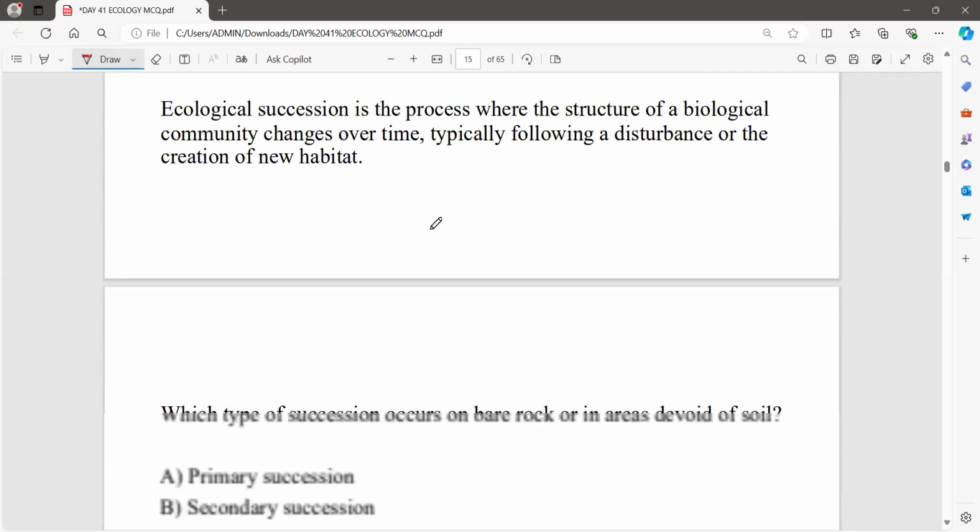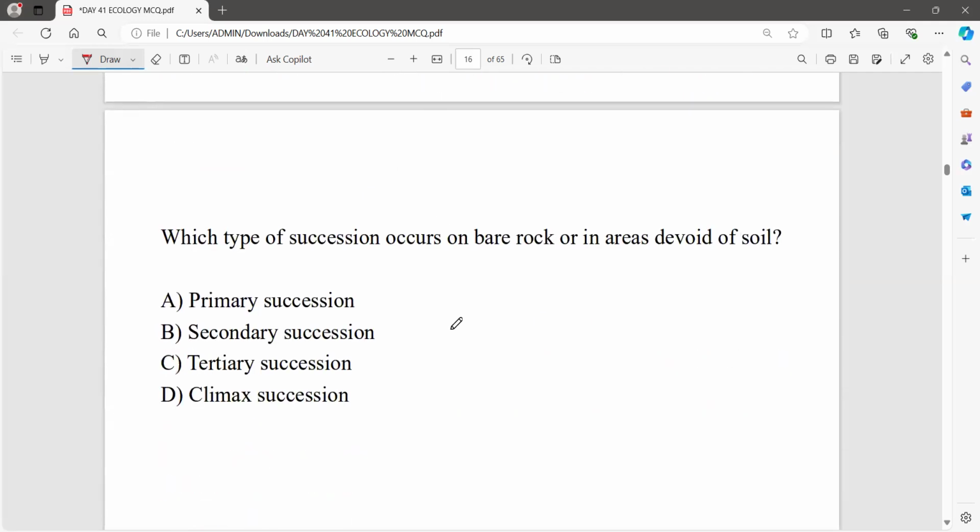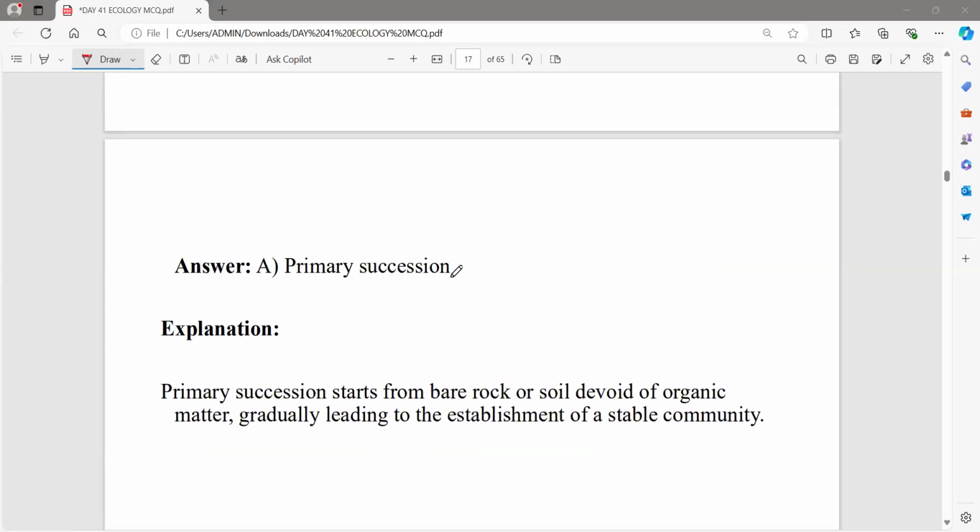Right? Very good. Now, which type of succession occurs on a bare rock or in areas devoid of soil? Definitely, that will be primary succession. Okay. From the barren rock or soil, lichens evolve.